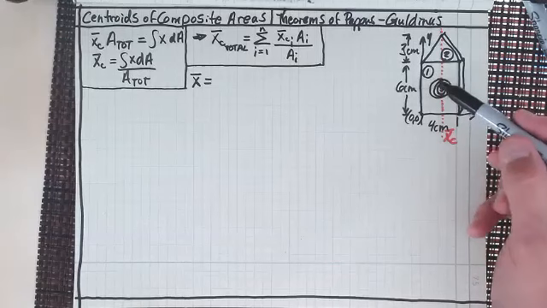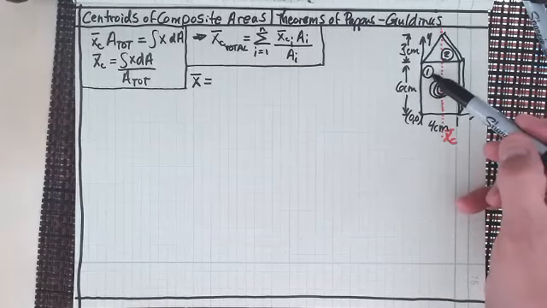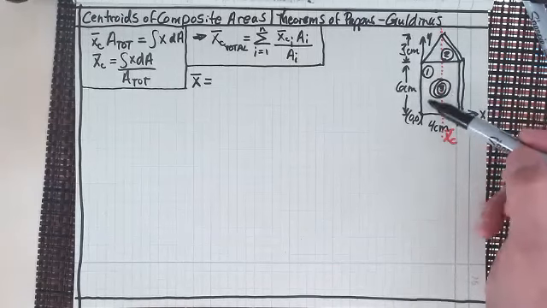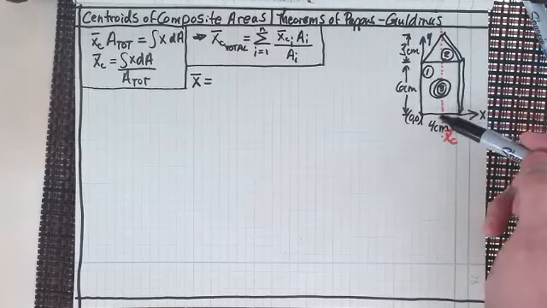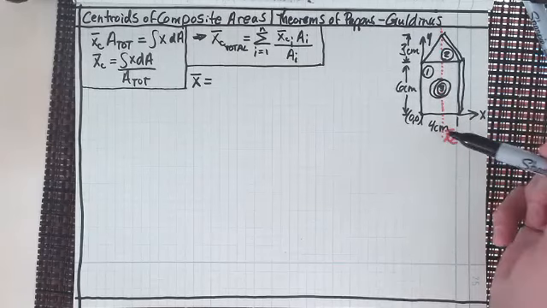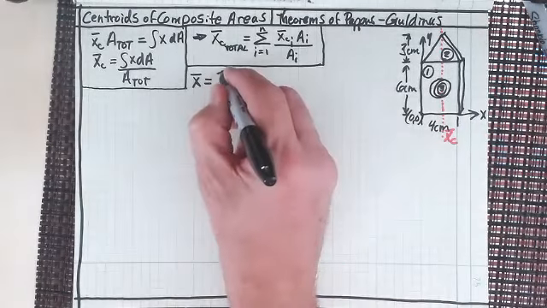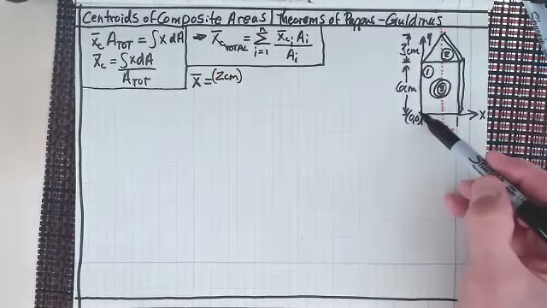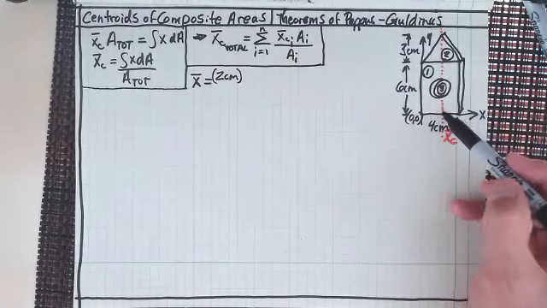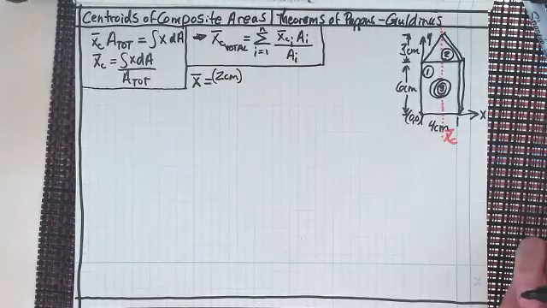I think everybody can see that the rectangle that we have here is going to be 6 centimeters by 4 centimeters. And if I look at the X for that, it's going to be at 2 centimeters in, right? So it's going to be 2 centimeters. That's the centroid for the rectangle, all right?